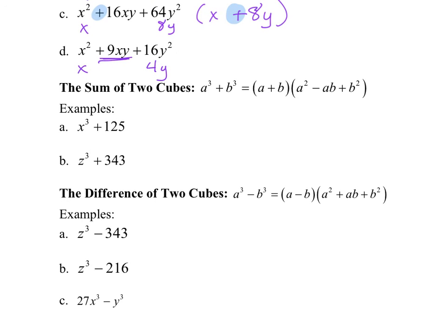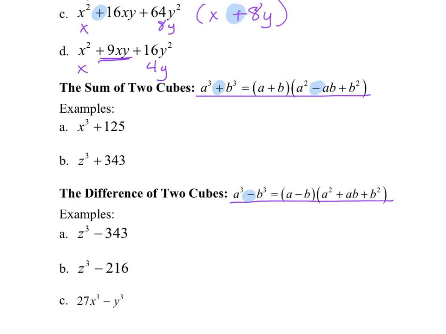Sum of two cubes, a cubed plus b cubed. Now, I want you to look at both of these two patterns. Notice they're exactly the same pattern. The only difference is that when this is a plus, this is a minus.